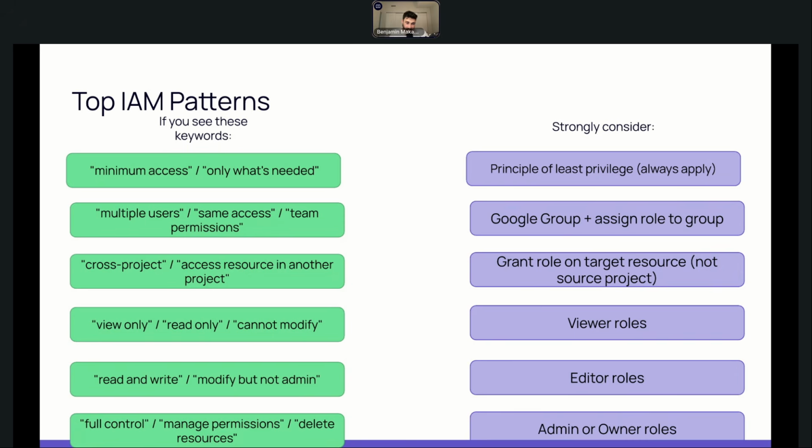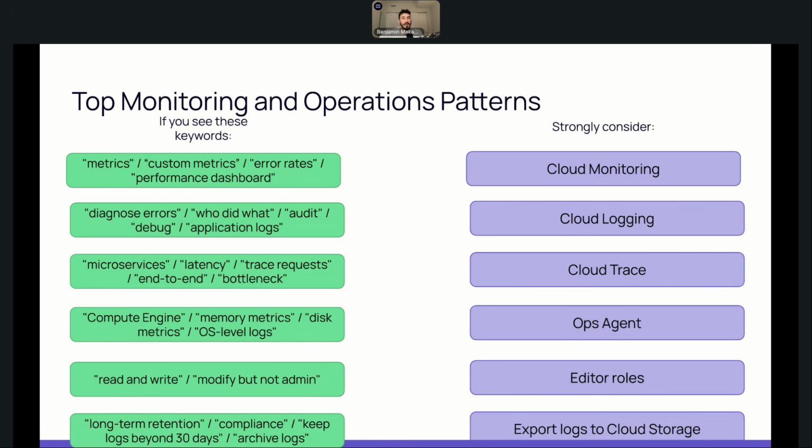But then, of course, if they need full control, or if they need to manage the permissions themselves, then you should think of predefined admin roles or project-level or org-level owner roles. Okay. All right, moving on.